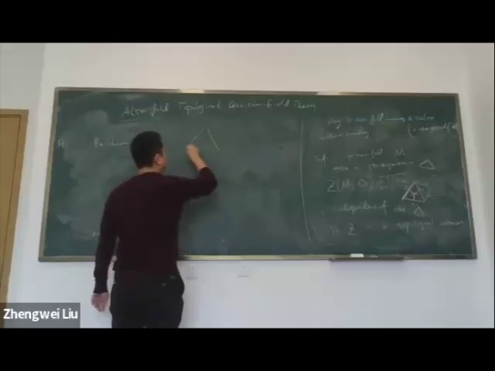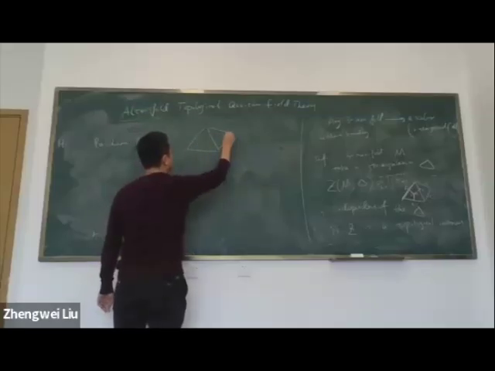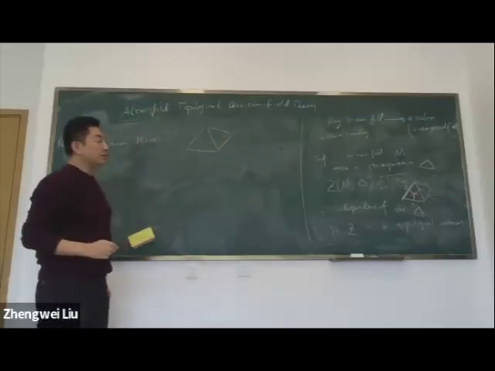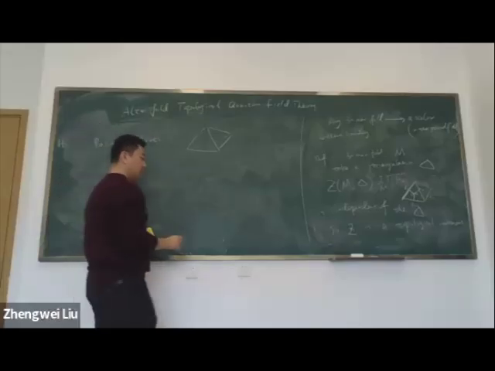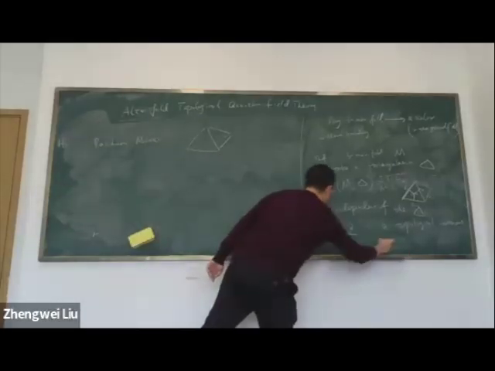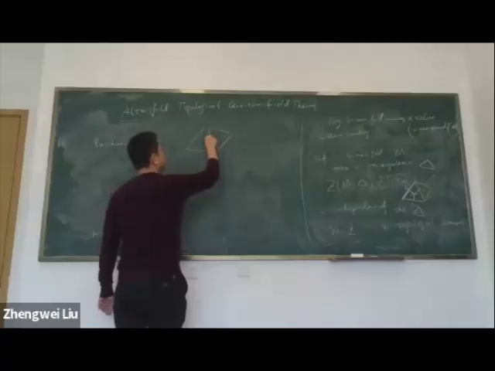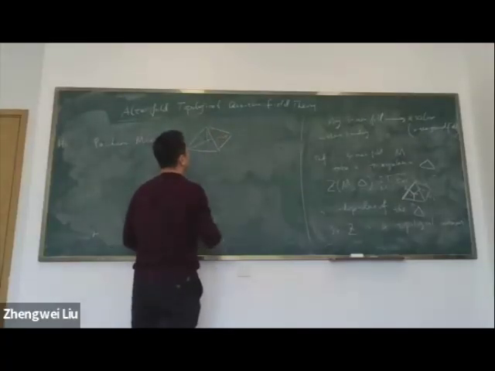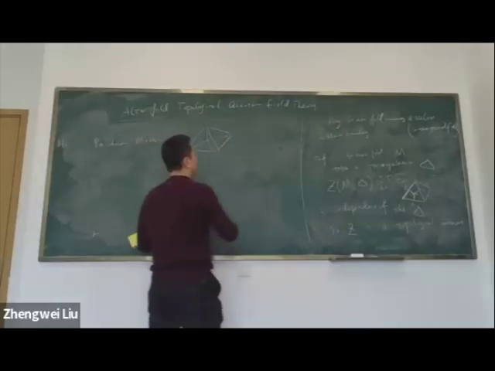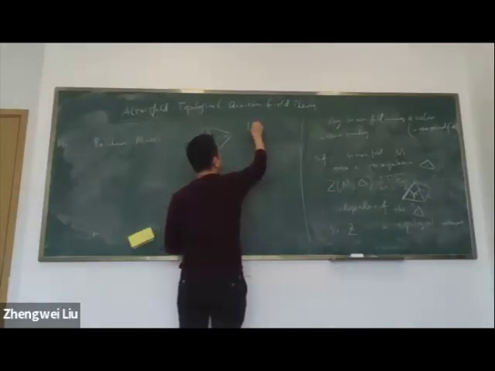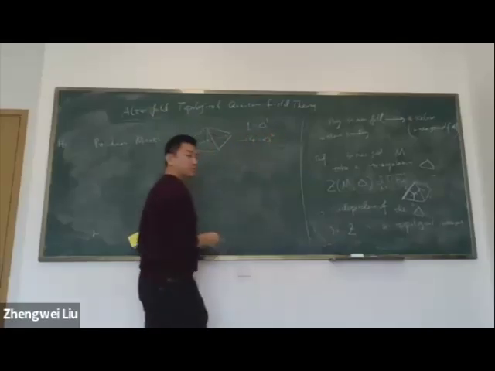For example, if you have this simplex in the triangulation, you can subdivide this again by adding an inner vertex. Then in this way, you go from 1 simplex to 4 simplices.